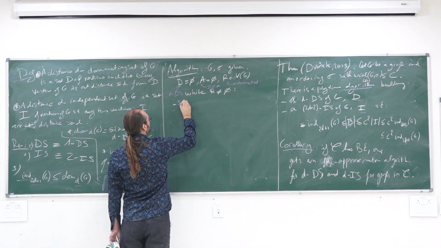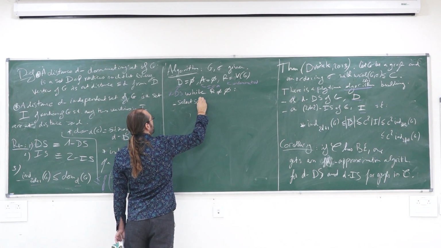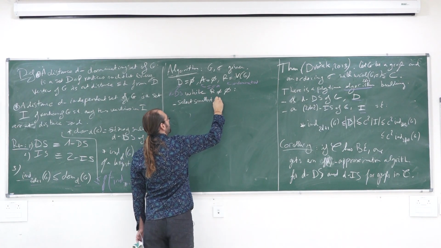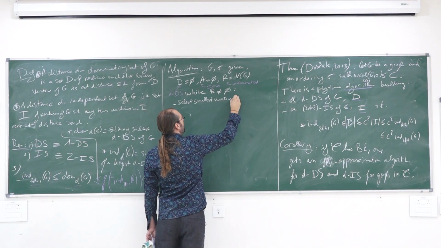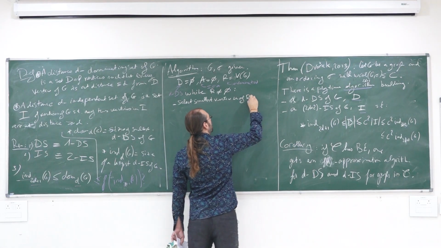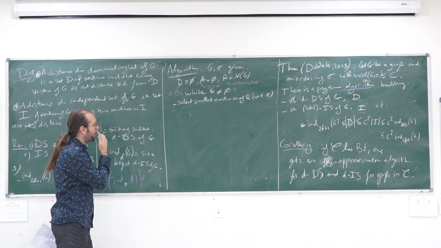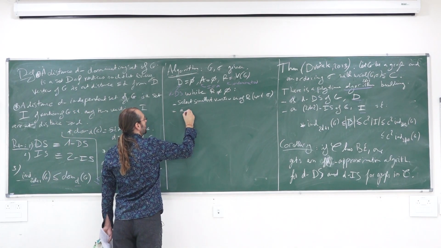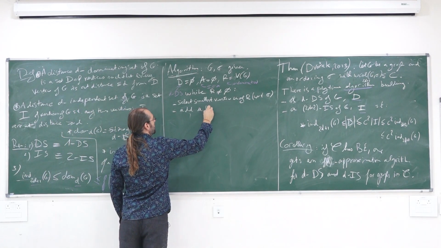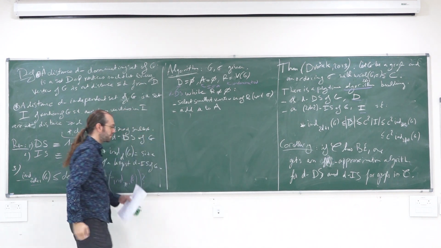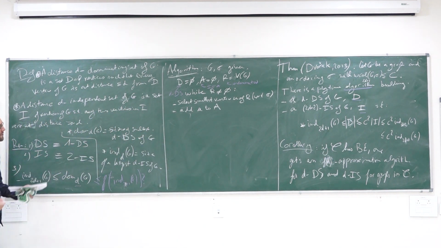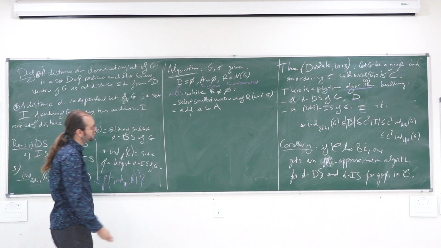So select the smallest vertex U. I add U to A, so that means this U could potentially be in the independent set. Perhaps it will be in the independent set.